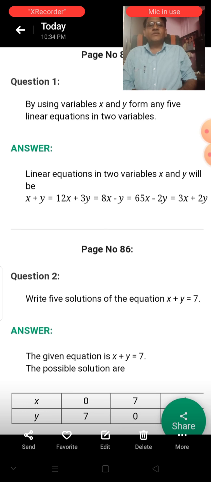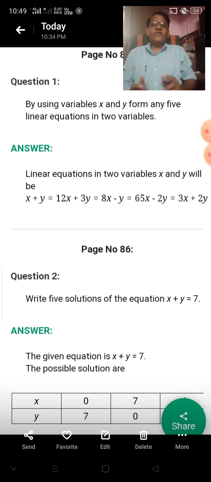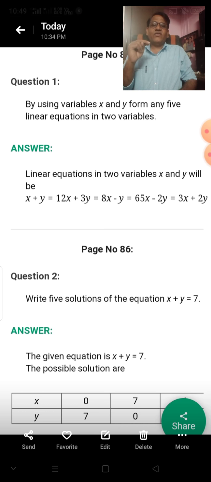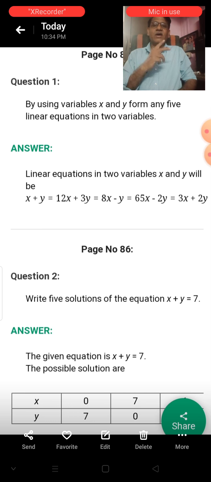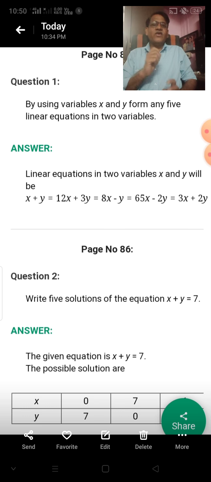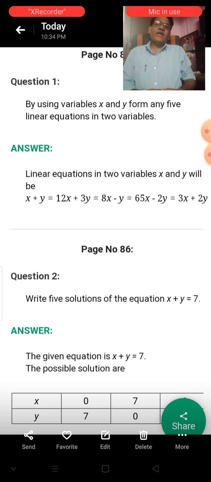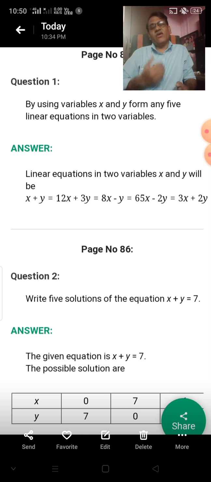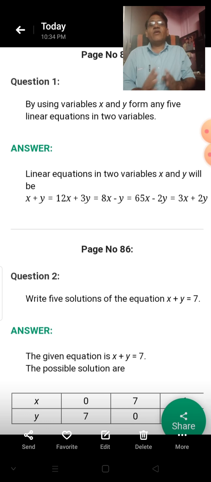But now we have to learn the equation in two variables. Means in this equation two variables are there, either one is x and the other is y, or one is a and the other is b. In this way, if two variables are there in an equation, then that equation is called a linear equation in two variables.